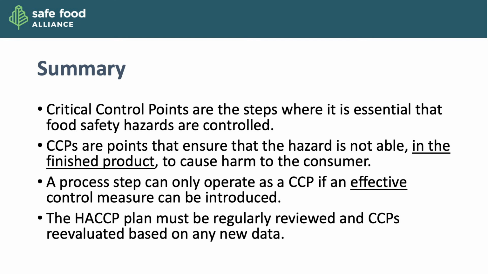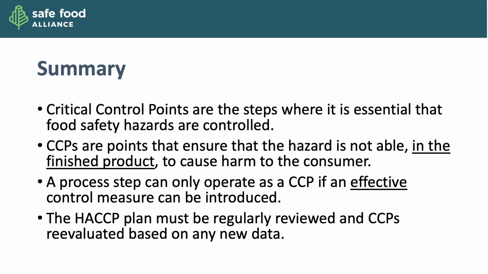Keep in mind that a process step can only operate as a critical control point if an effective control measure can be introduced. Effective means that it's effective in preventing, eliminating, or reducing the hazard. It has to be a valid step, such as pasteurization. We talked about the examples of metal detectors. We talked about controls, maybe product labeling for allergens.